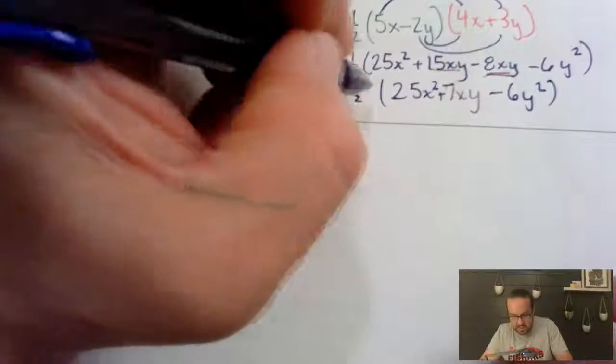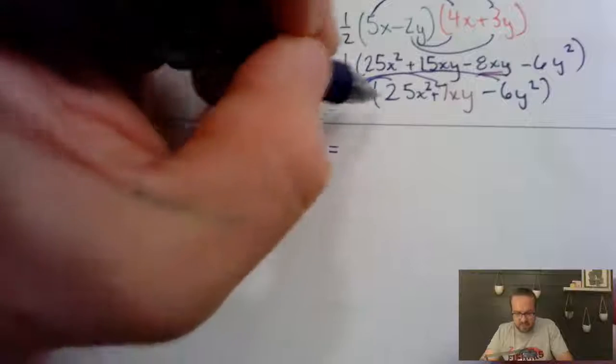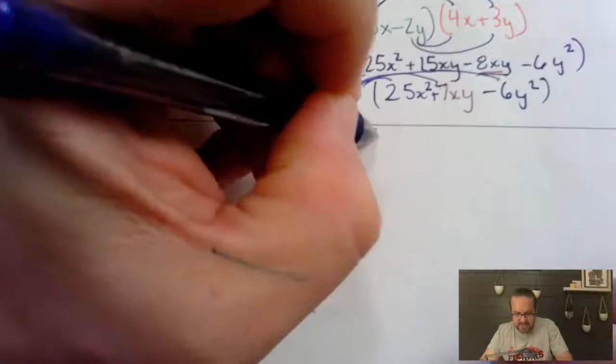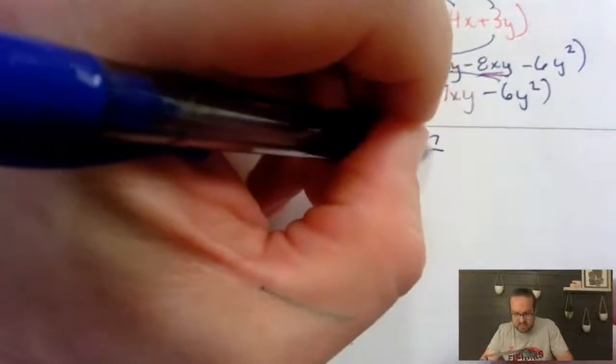Right, it's positive 7xy. Well, we still have that 1/2 right here. So again, we just would distribute that, reducing everything that we can. Again, this is a good problem to finish out on. 25 divided by 2, or just 25 halves, x squared. A half times 7, so it would just be 7 halves xy.